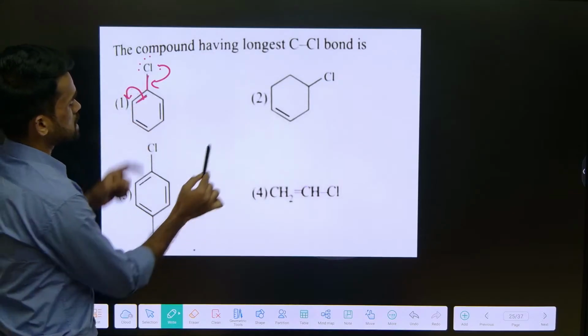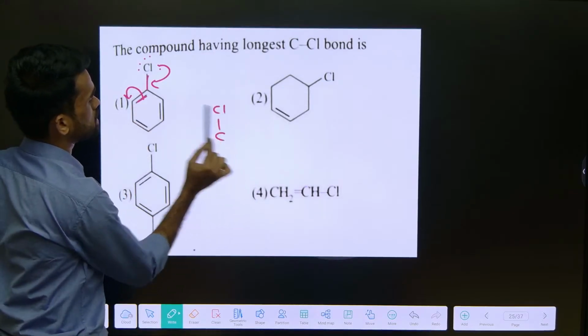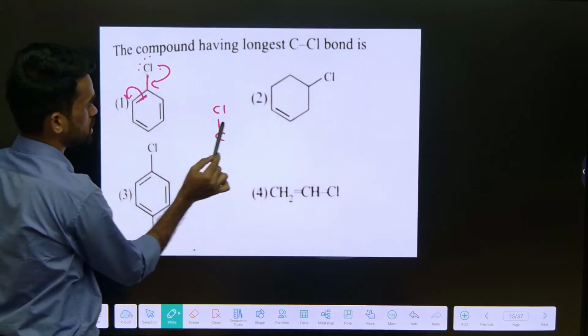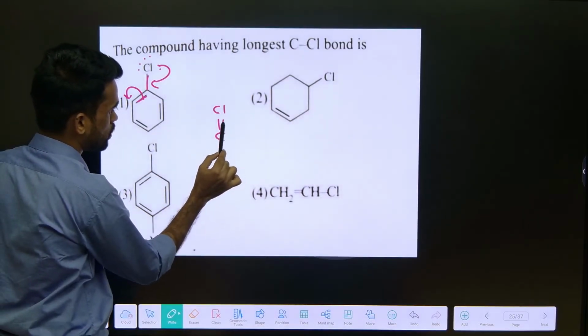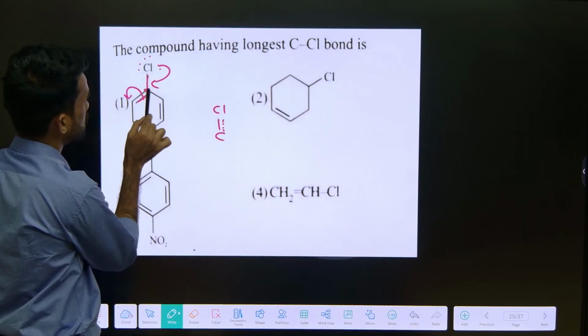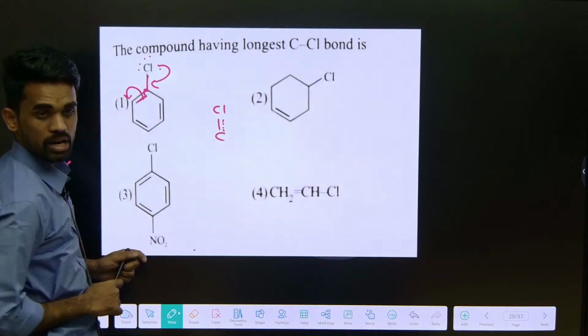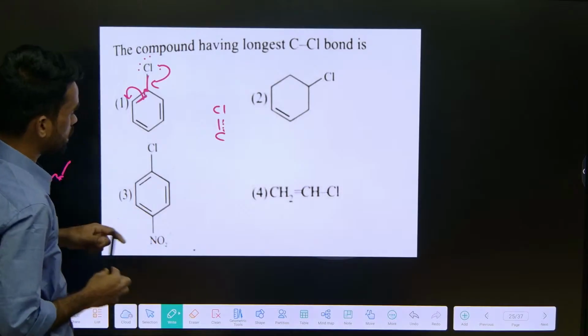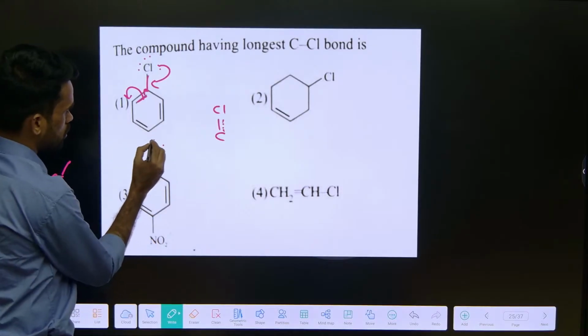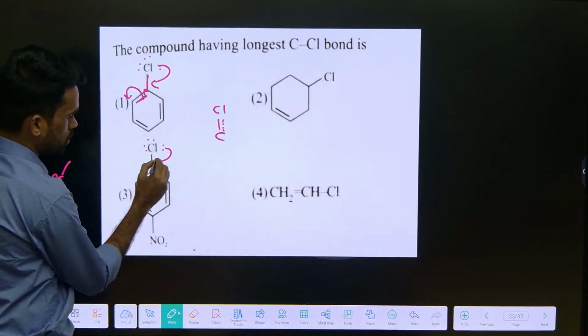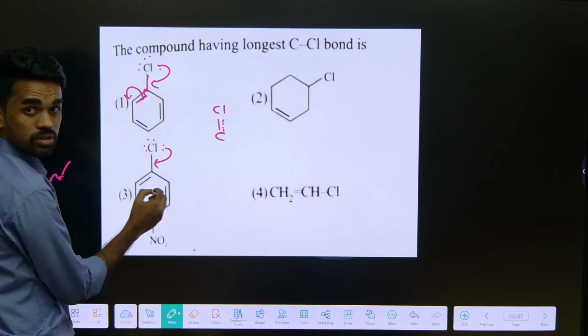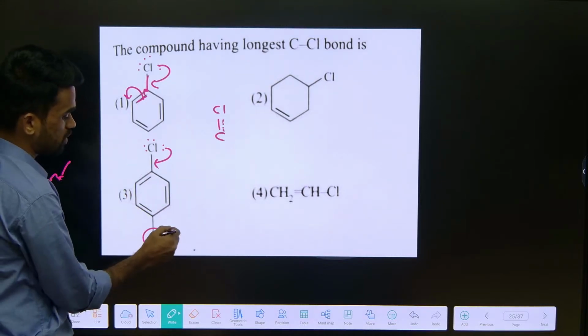Previously the carbon-chlorine bond looks like a single bond, but due to this conjugation it gains a double bond character like this. Between this ring carbon and this chlorine there will be a partial double bond character. The same story here also: chlorine and ring carbon are in conjugation and an electron withdrawing group is there.